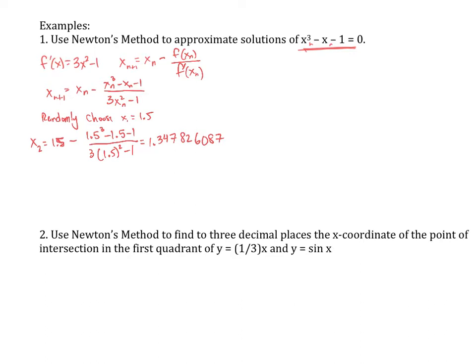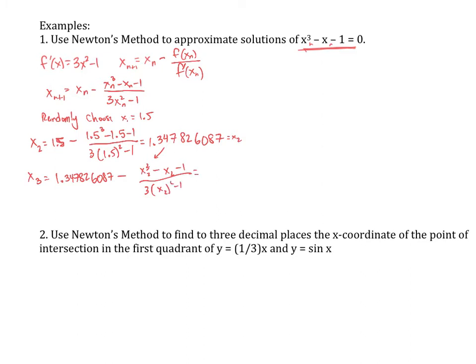So then you want to find x sub 3 now. What do you do with x sub 3? Well, you have to put in what your x sub 2 value was. So that would be 1.347826087 minus, this is my x sub 2, right? I'm going to put it in here. I don't have room to write it, so I'm going to put my x sub 2 cubed minus my x sub 2 minus 1 all over my 3 times my x sub 2 value squared minus 1.